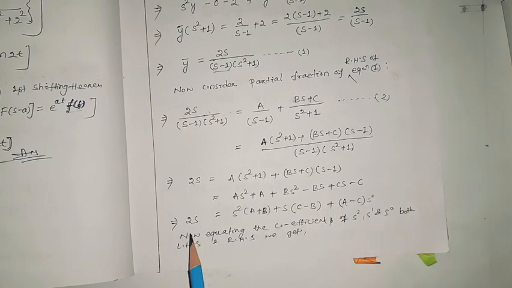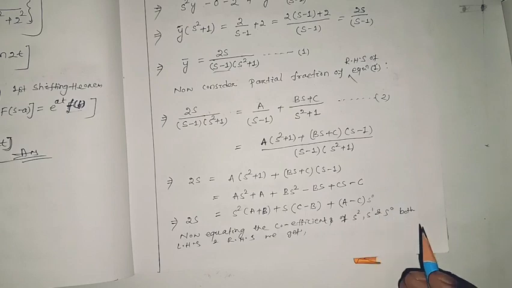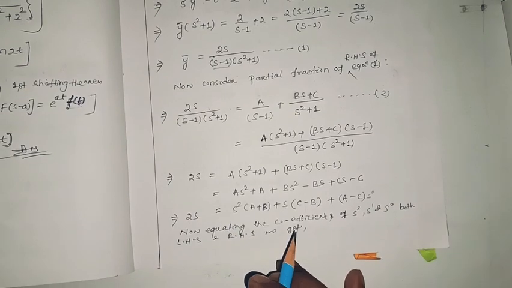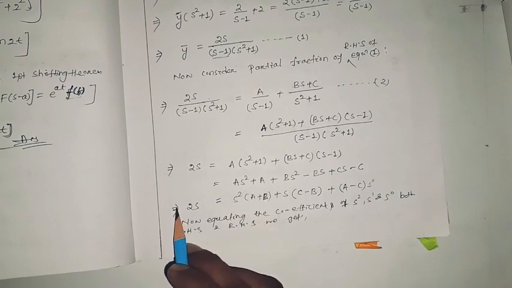Now equating the left hand side and right hand side, obviously the coefficients of s to the power 2, s to the power 1, s to the power 0 will be separately equal. So here the coefficient of s squared is A plus B, but on this side there is no s squared term, so A plus B will be 0.